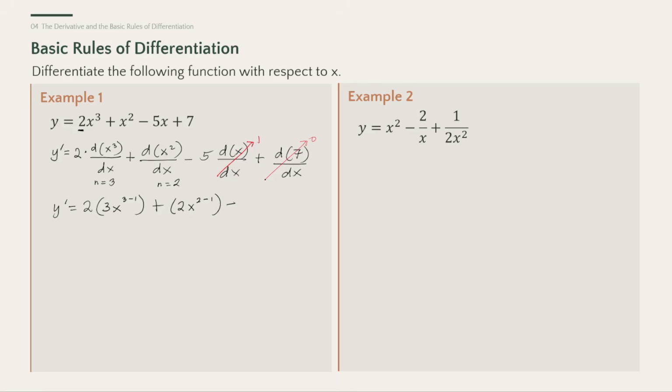So this one, 5 times 1 is 5. This one is 0. Therefore, we have 3 times 2, 6x squared plus 2x minus 5. Okay? This is the answer.